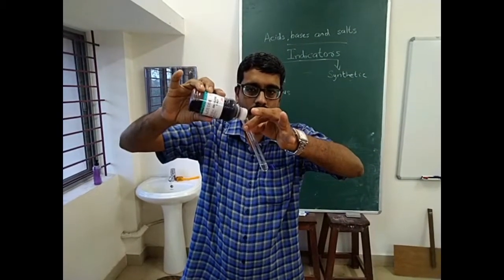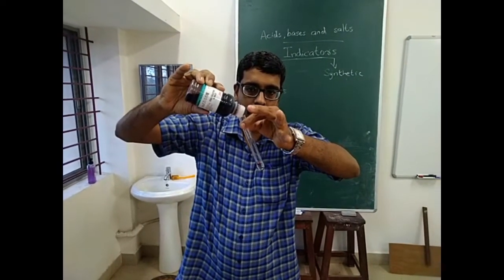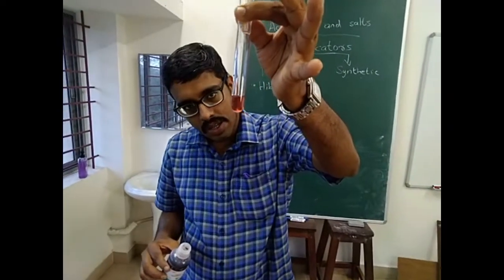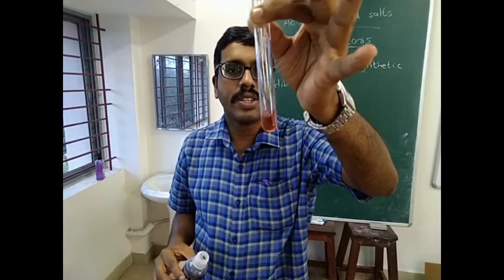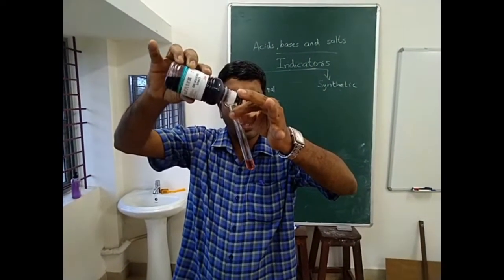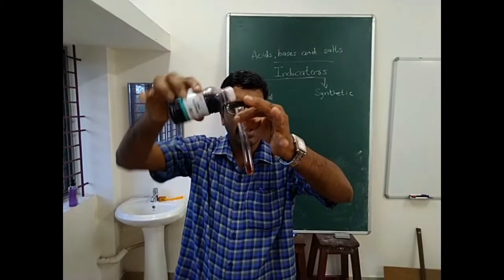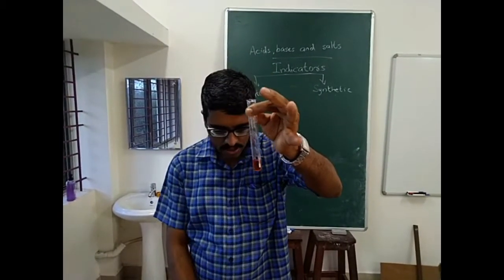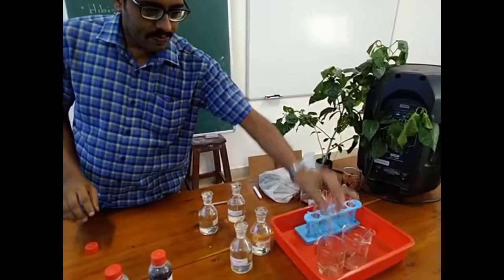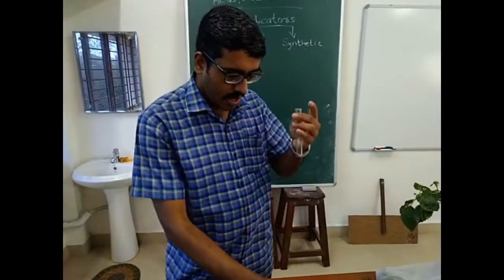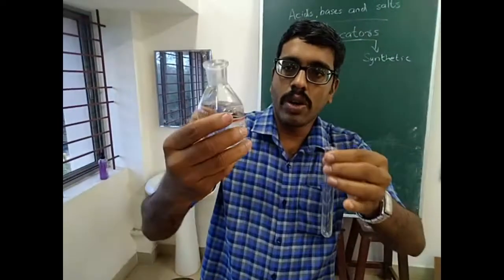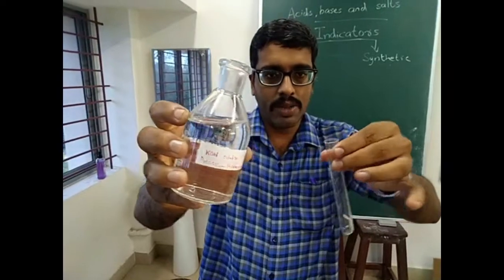Please watch carefully. The red litmus solution does not make any color change in hydrochloric acid. It remains red only. Okay, you can see I am adding 2 more drops. No change at all. So I am keeping it aside and taking another test tube, and I am going to pour some base, dilute KOH, potassium hydroxide solution.